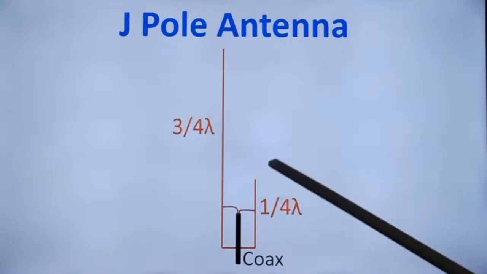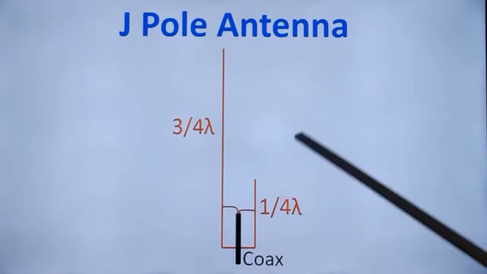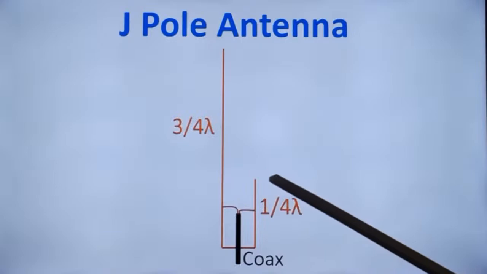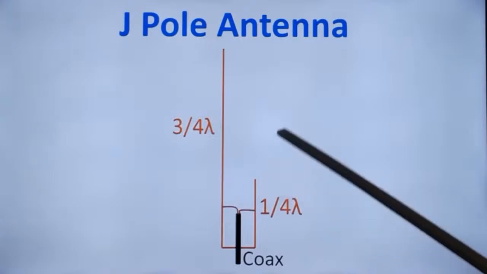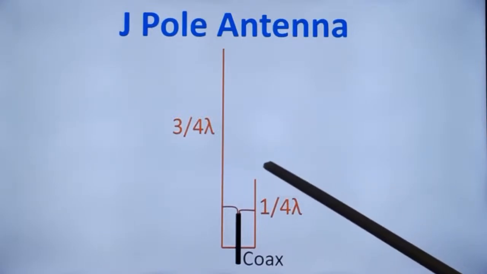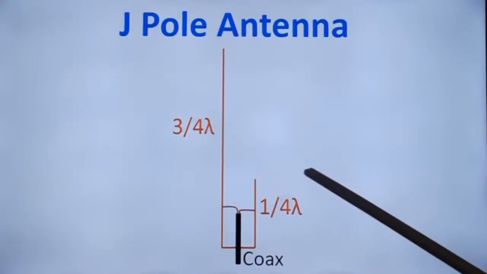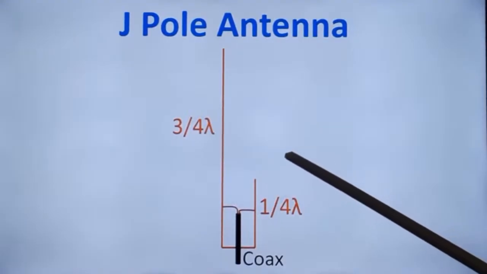A slightly different angle of radiation directed towards the satellite is there compared to that of the terrestrial repeaters. So a single J-pole antenna on 2 meter has been successfully used for satellite communication for the crossband repeater.